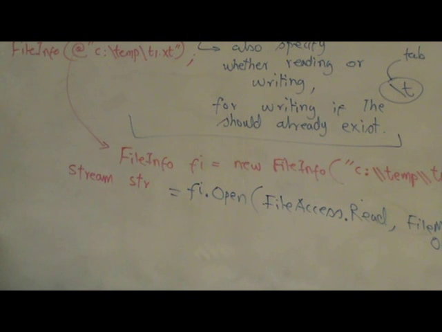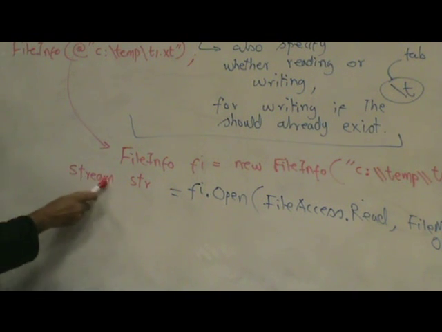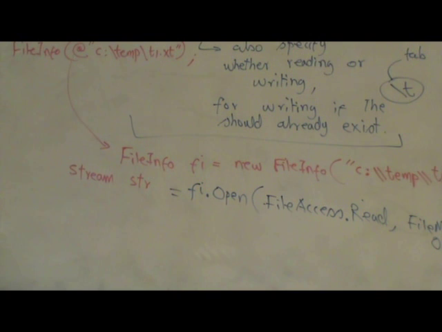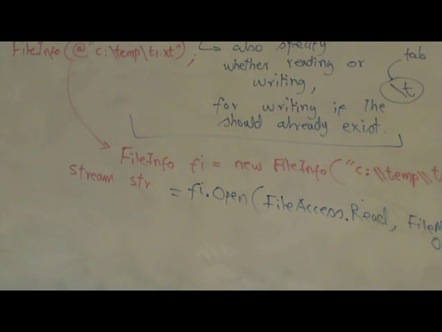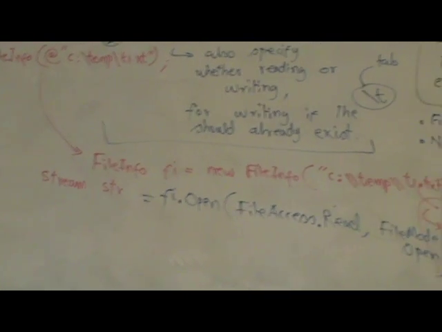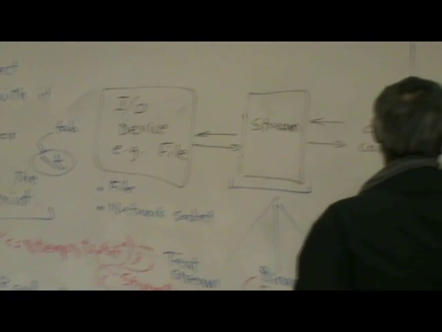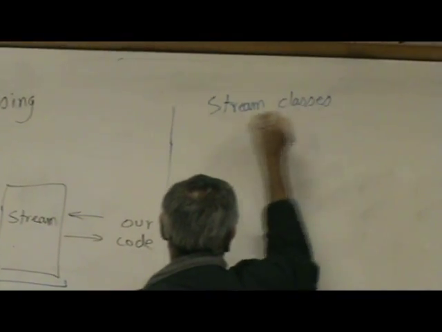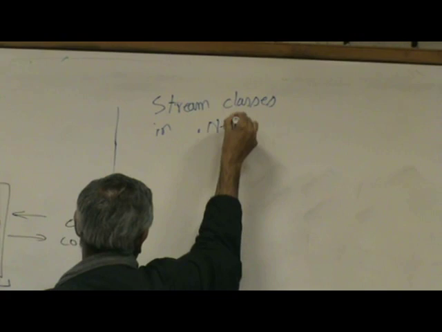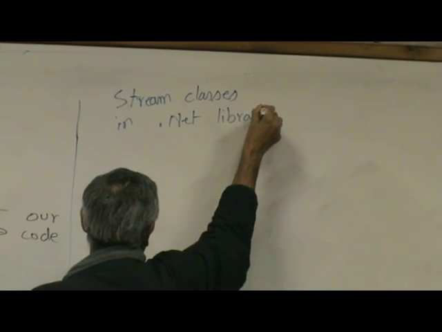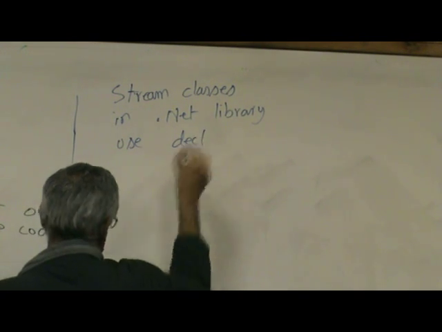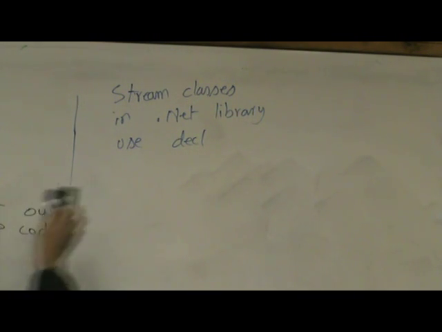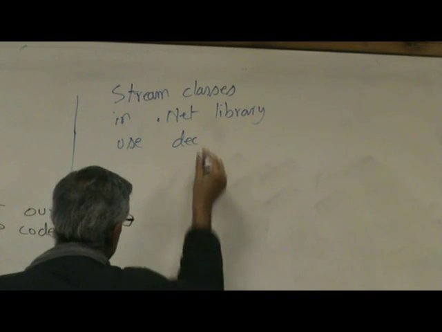Okay, as I mentioned earlier, if we have the plain stream, what kind of stream is it? Binary stream. Okay, so now if you can remember one more piece of information, the stream classes in the .NET library, okay, use what is called a decorator pattern.